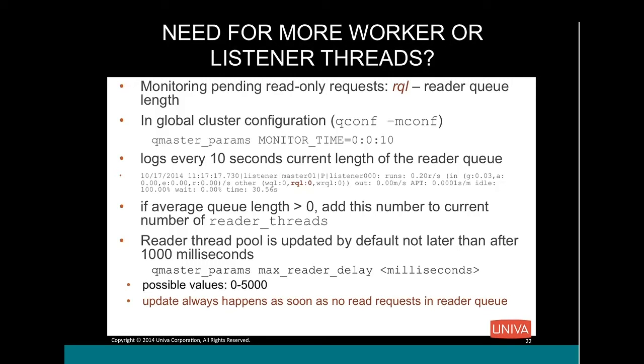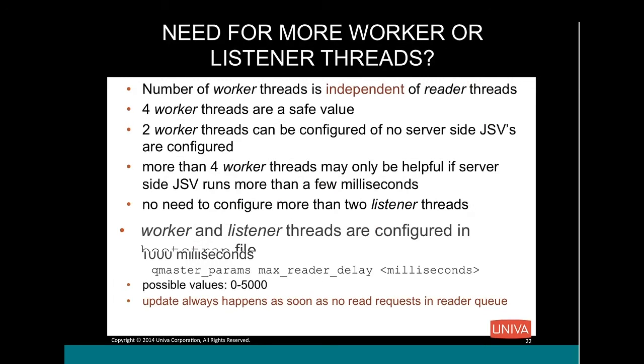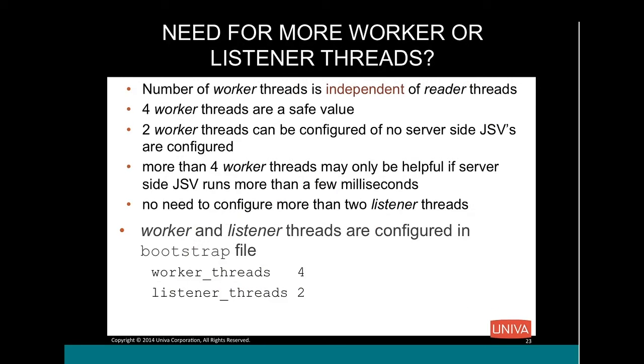There are additional threads inside the QMaster which do other activities. One of them, if you looked inside the QMaster using qconf -secl, which shows the event client list, you will see the number of worker threads. This is independent of the reader threads. Right now, we set 4 as the worker threads, and it's a good safe value. Probably don't need to change it. You could use 2 worker threads if you're not using any server-side job submission verifiers.